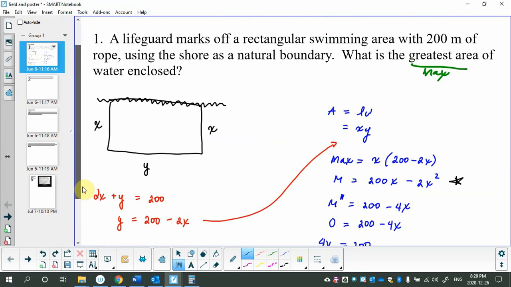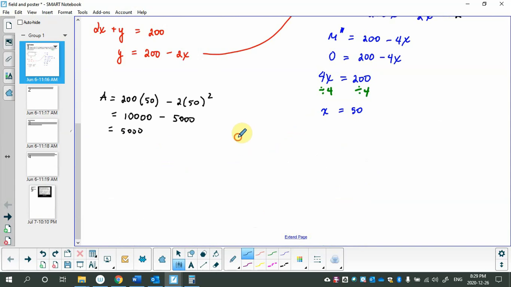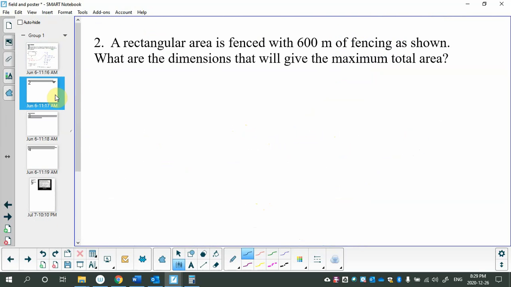Check my units: meters, so the area would be meters squared. The max area is 5,000 meters squared.